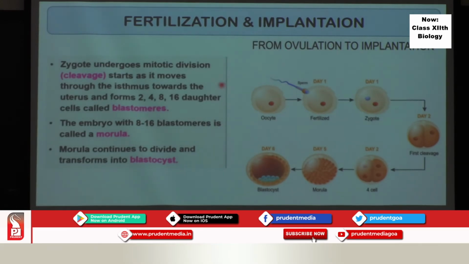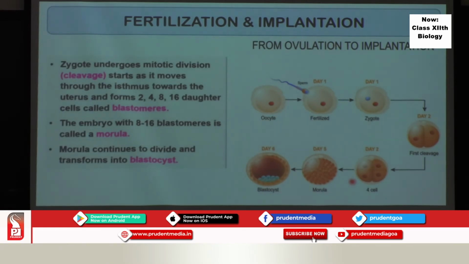The zygote will start dividing, undergoing stages called cleavage, from 4 cells to 8 cells, from 8 cells to 16 cells, and these cells are termed blastomeres.